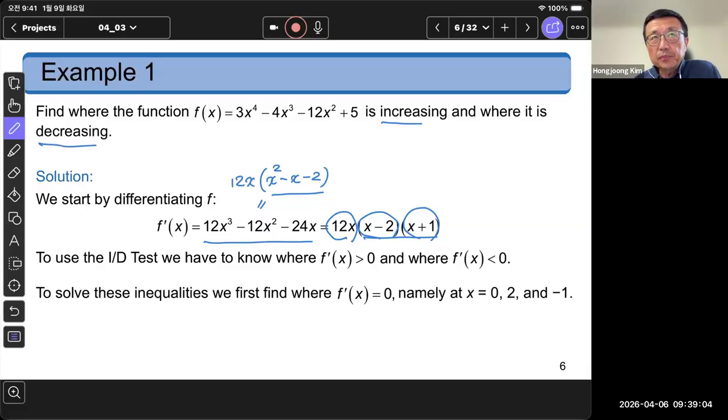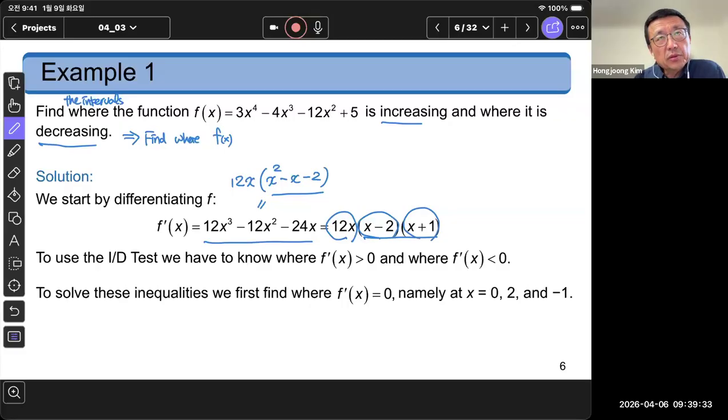In other words, mathematically speaking, that is equivalent to saying: find where this function f is increasing or decreasing. Find the intervals where the function is increasing or decreasing.